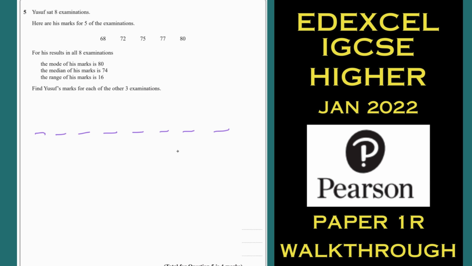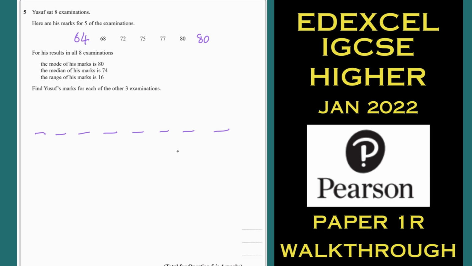The first thing I went to is that if the mode is 80, there's got to be at least one other. Now, there might be another 80, so you can't. But then I thought, well, if I want the range to be 16, let's go down here. Let's assume 80 is the biggest. Let's take away 16 and you get 64.